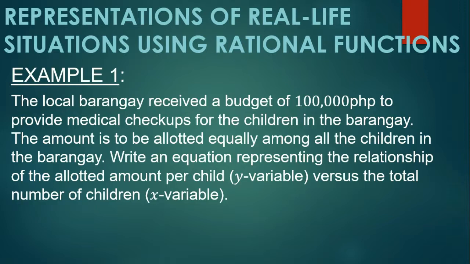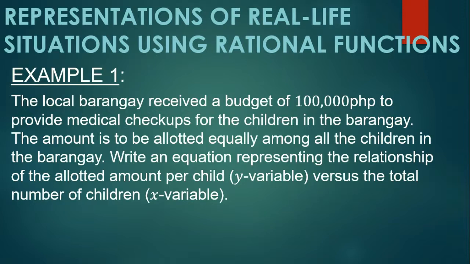So, magkano yung budget? Budget ng barangay ay 100,000 pesos to be equally divided daw sa number of children, which is x. Okay, so kung ang mga children doon ay 100, so magkano ang makukuha ng bawat bata? 100,000 divided by 100 is equivalent to 1,000.